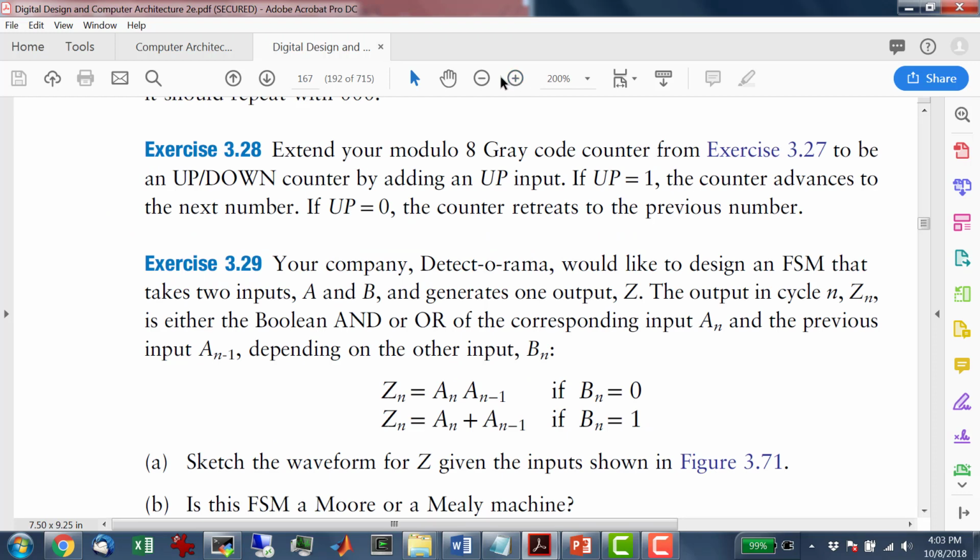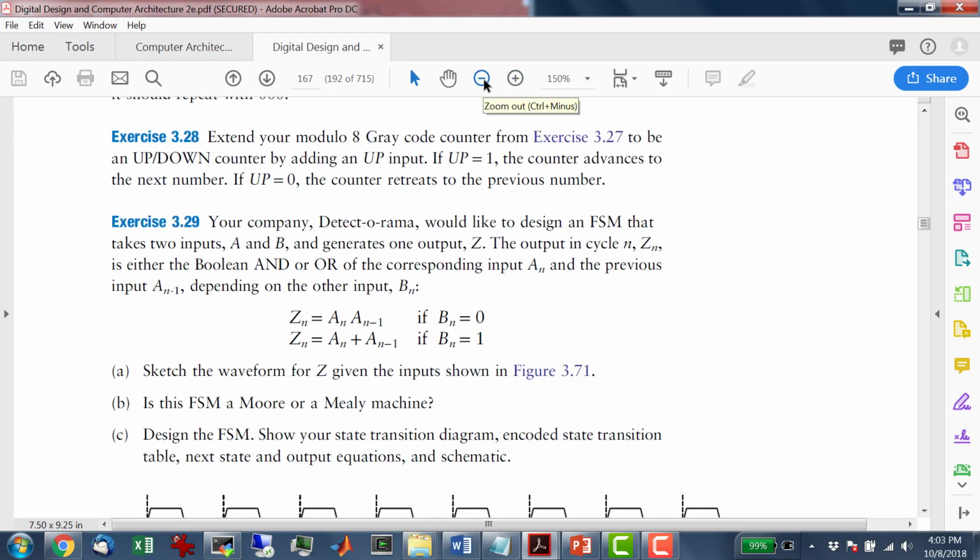Okay, so it says, your company, Detectorama, would like to design an FSM that takes two inputs, A and B, and generates one output, Z. The output in cycle N is either a Boolean AND or OR of the corresponding input and the previous input, depending on the other input, right?